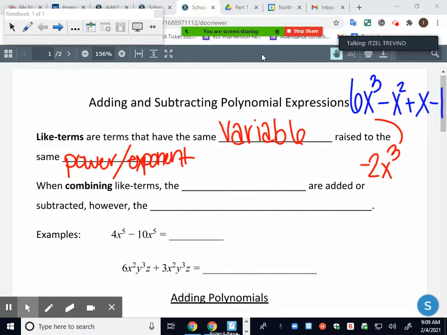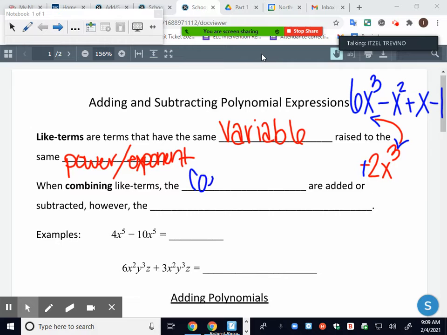If I told you to put these two cubed terms right here together, what we're adding or subtracting together, if this was positive like this, is we're adding our coefficient. Okay.